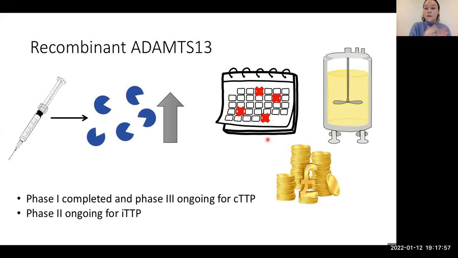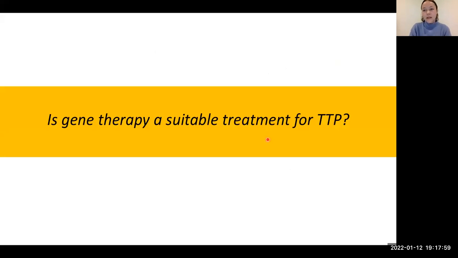And one such alternative treatment, which is what I'd like to speak to you about and what my PhD was about, was potentially trying to answer this question: is gene therapy a suitable treatment for TTP as a novel therapy? That was basically the subject of my PhD.